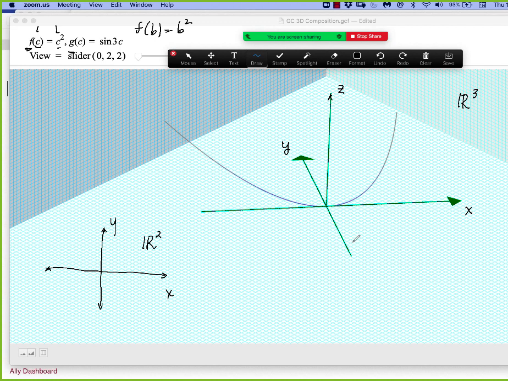f of x is x squared. Okay, and what does it have to do with y? y equals x squared. Right, so putting that all together: y equals x squared, or y equals f of x.